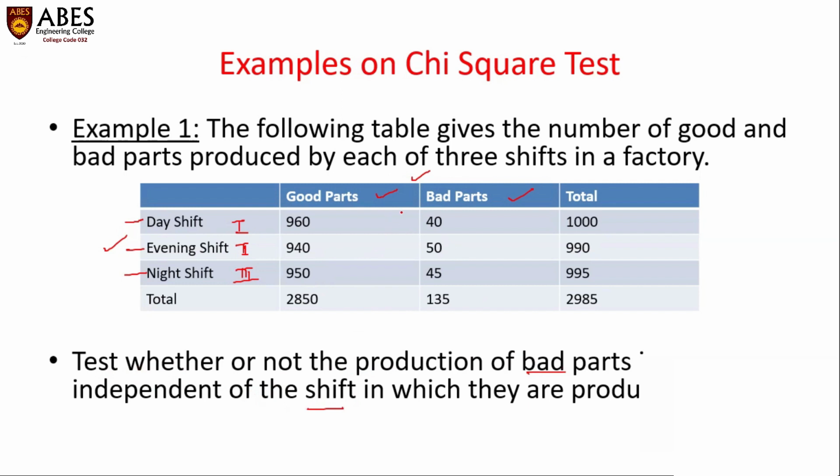Okay? So we have to see whether these two attributes, good parts, bad parts and shift, are related to each other or not. So we are going to apply the chi-square test here as a test of independence, for which we have to declare the null hypothesis first, in which we will say that both the attributes are not related to each other.